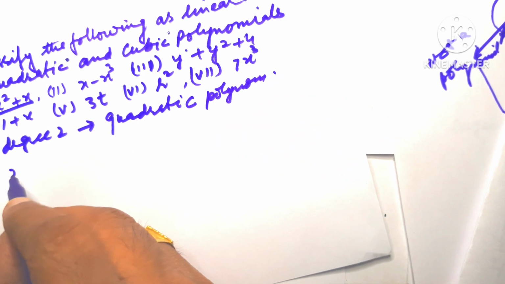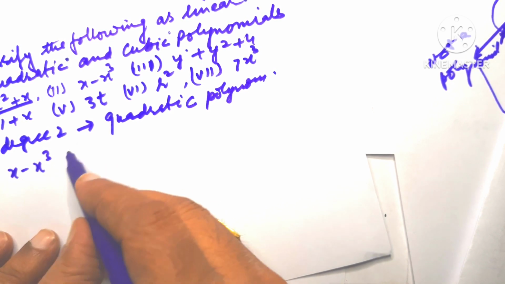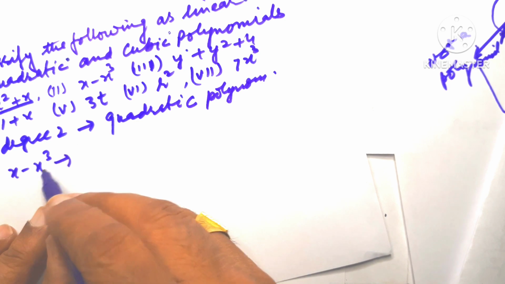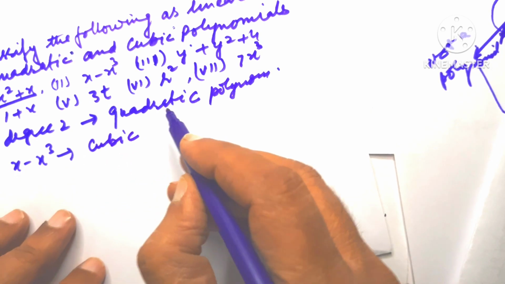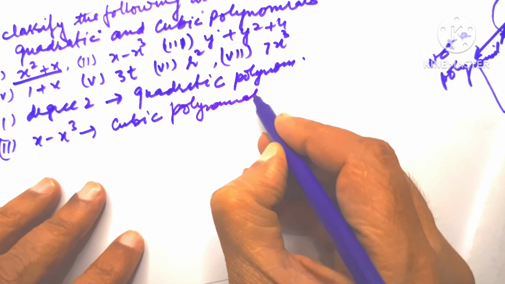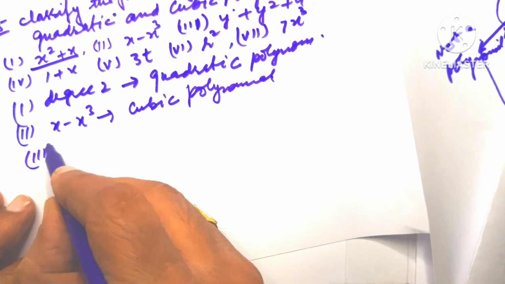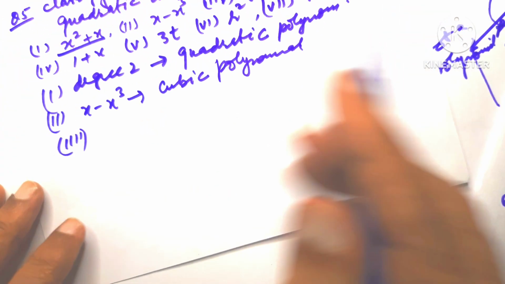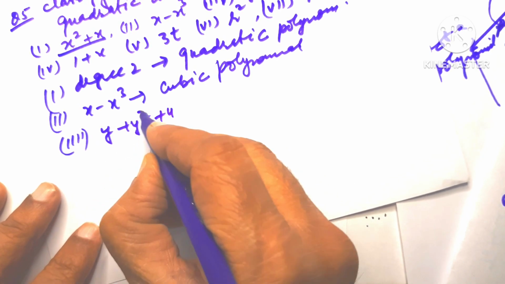Second, x minus x cube. The maximum power is 3, so it is a cubic polynomial. And third, y plus y square plus 4.